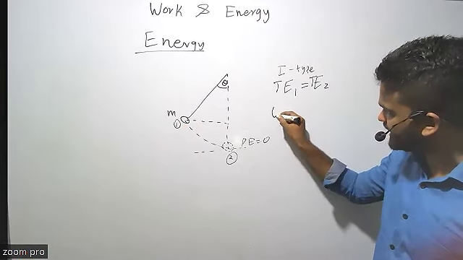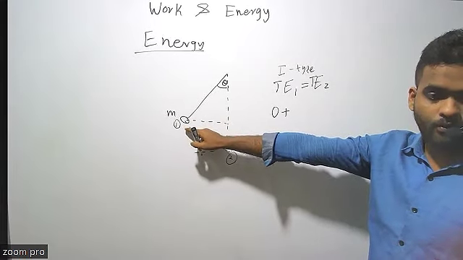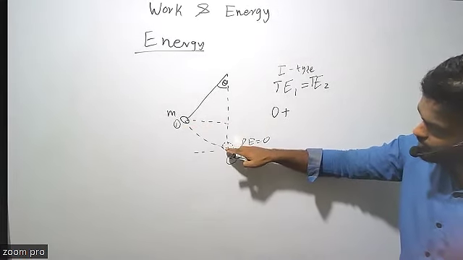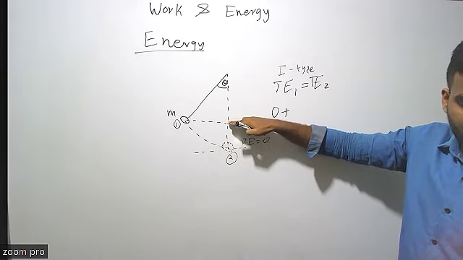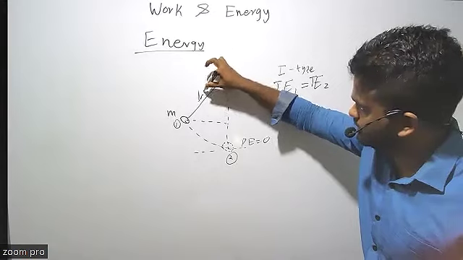This is at rest initially, so the kinetic energy is 0 in the first case. Potential energy: it is above the P equals 0 line. How much above?